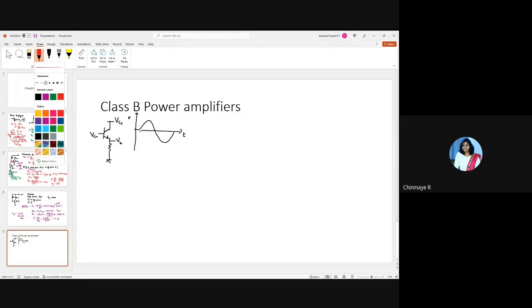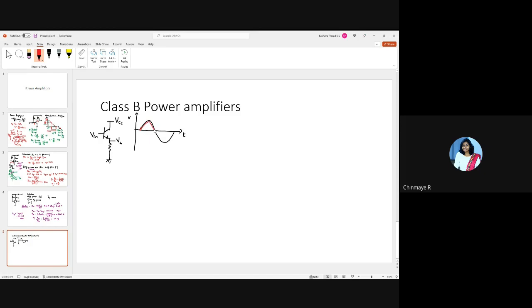Initially, up to 0.7 volts, this is off, right? Only after Vin crosses 0.7 volts will this turn on and start following the input signal.